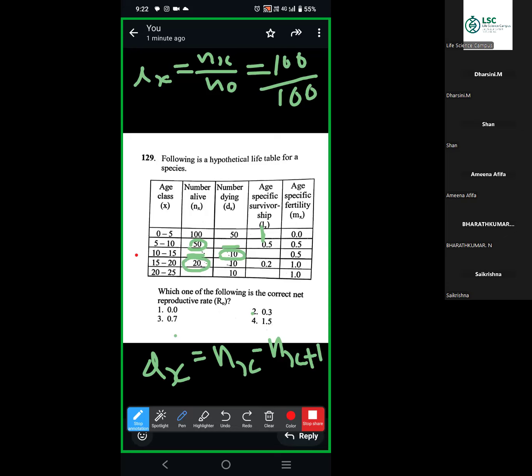Considering the third age class, 10 individuals died and 20 individuals are present. But we don't know the nx value. So how do we find the nx value?